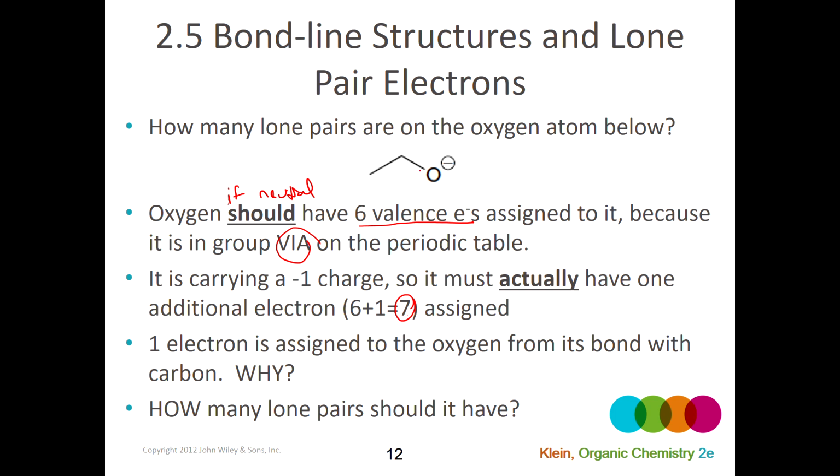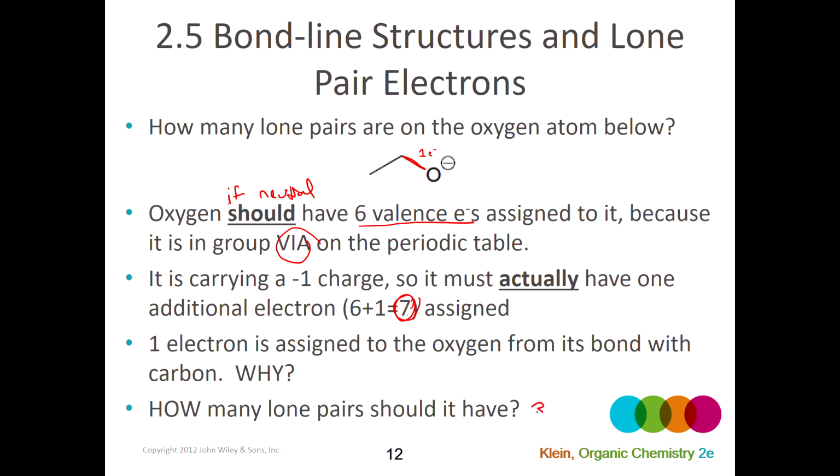So if I already have a bond shown, a shared pair, only one electron from that bond actually counts toward the oxygen, the other counts toward balancing the charge of the carbon. So if I only have one shown, how many more must there be in order to get to a total of 7?